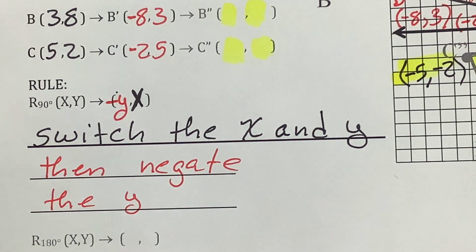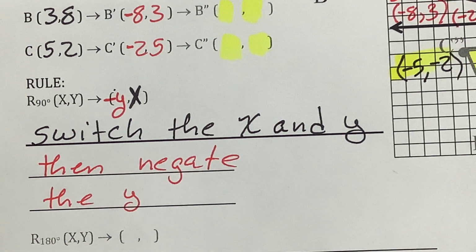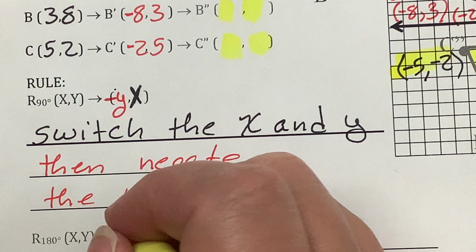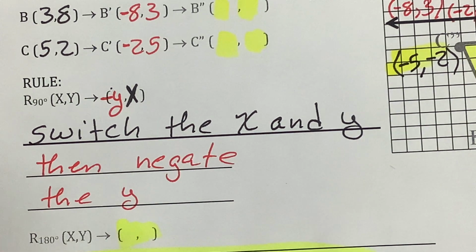Negate means to change the sign. So if it was negative before, you would make it positive. All right, we'll do the one down here in a minute. Back up top.